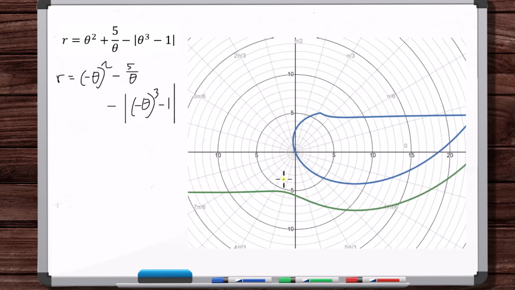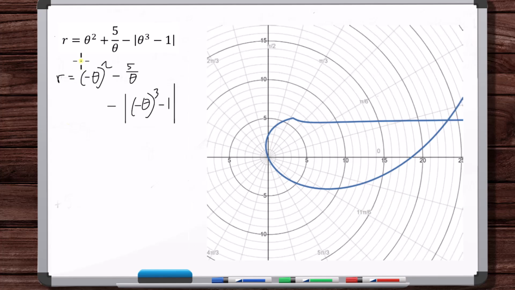Okay, so it's hard to see this as a flip. We'll see a better visual of the flip when we do about the theta axis. But in fact, let's come back to this one. Let's do a flip about the theta axis. So to flip about the theta axis, we do minus r and that's it. Theta squared plus 5 over theta minus.